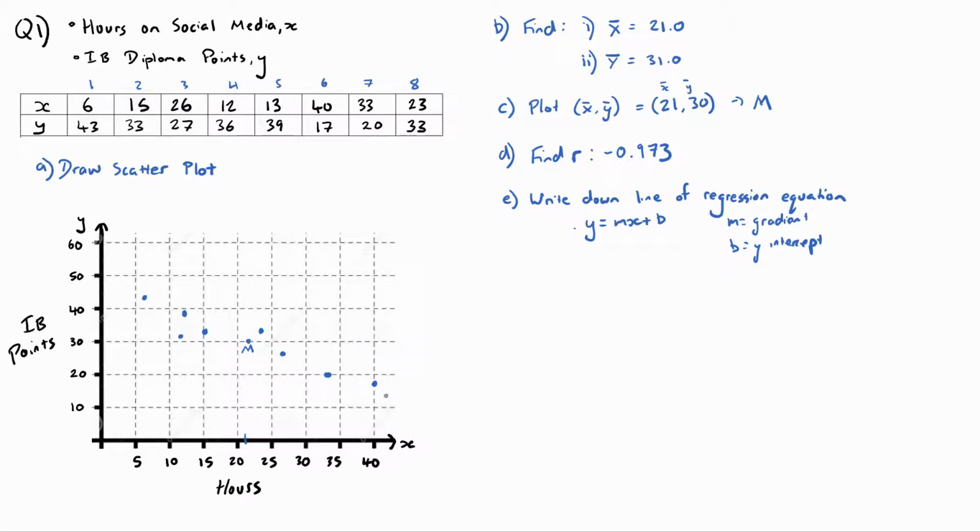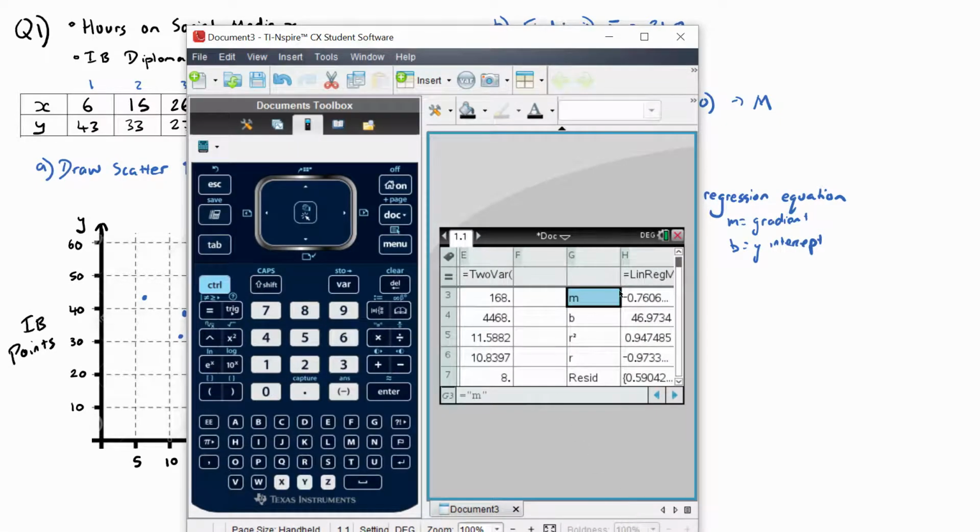But in this question, we're just writing down the line of regression equation. Our M value is, let's find it, minus 0.761.